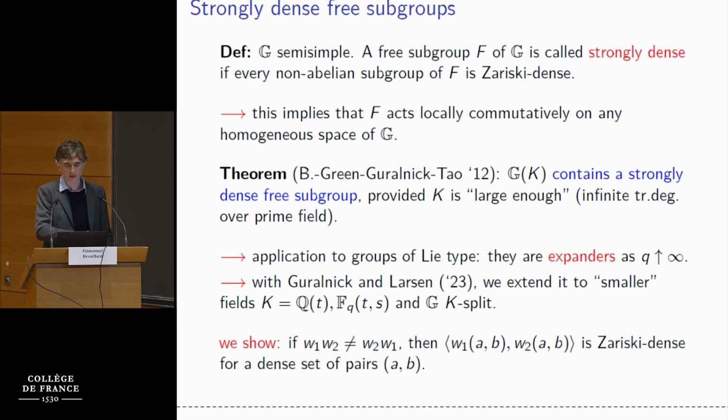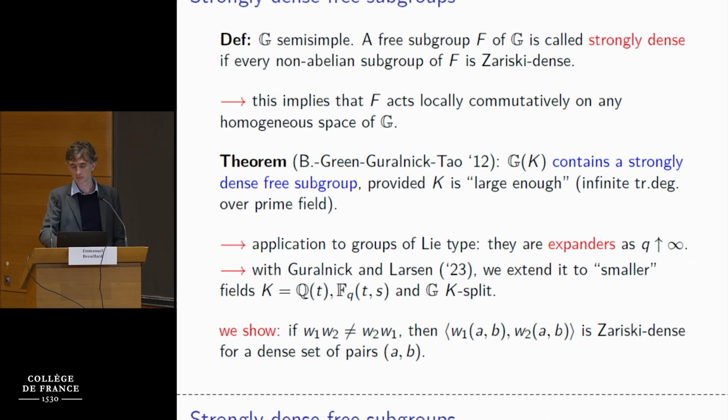And so in joint work with Green, Guralnick and Tao, about 10 years ago, we proved that G(K) contains a strongly dense free subgroup, provided K is large enough, so we needed infinite transcendence degree, or something large, like with the complex numbers it works, for example.